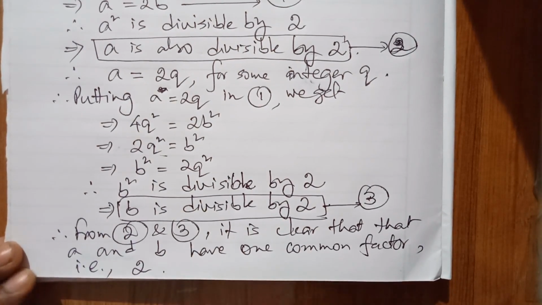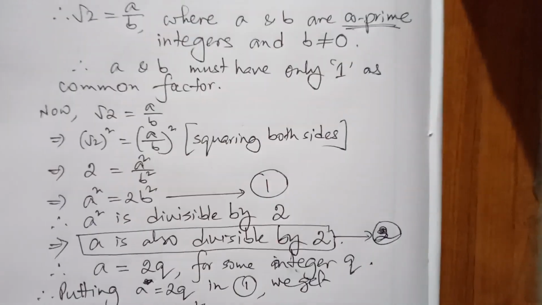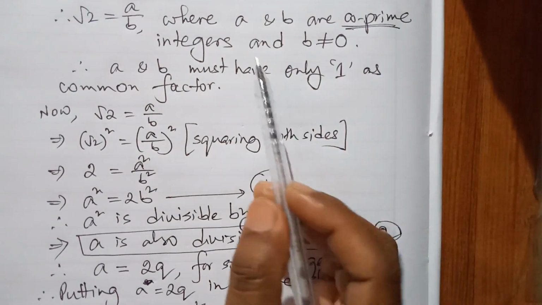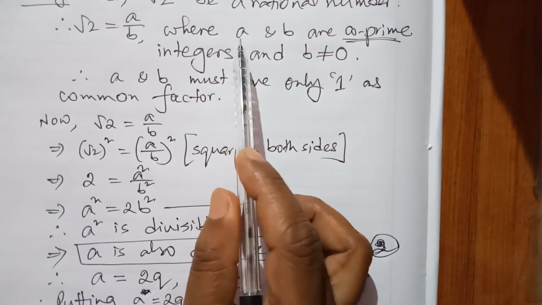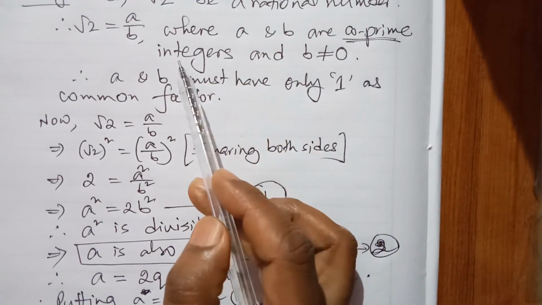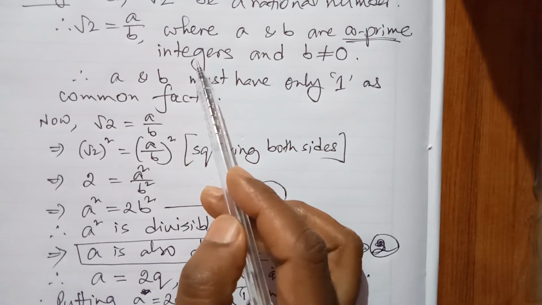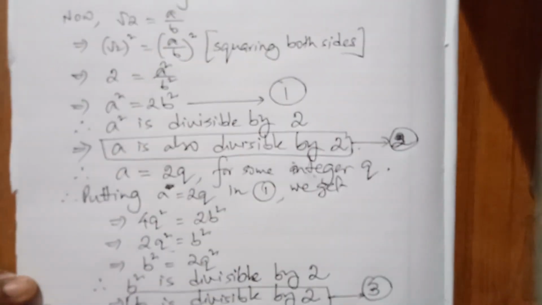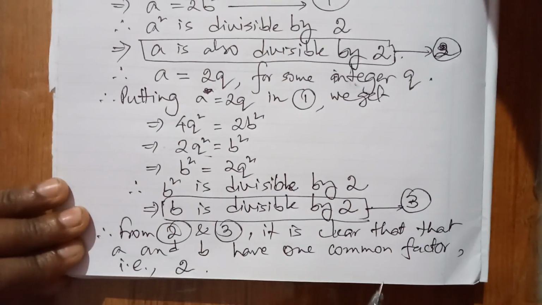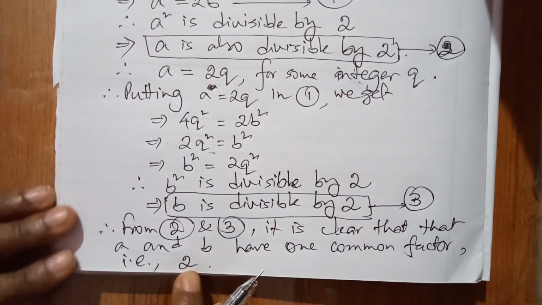But in the beginning we have assumed that a and b are co-prime integers, therefore there must be only 1 as common factor. And here I am getting that a and b have one more common factor, that is 2.